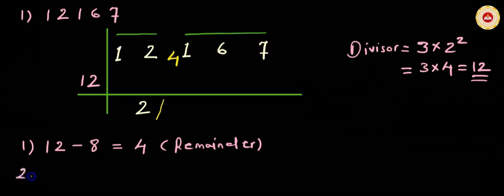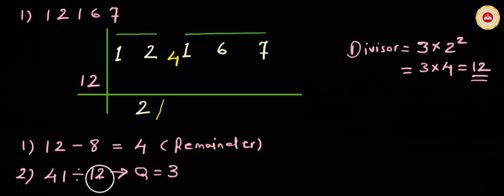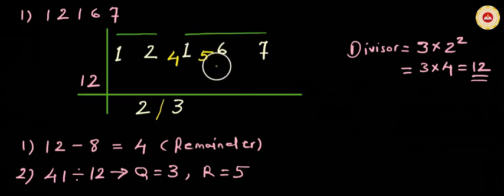The second step is 41 divided by divisor 12, which gives us quotient 3. 12 3s are 36. 41 minus 36 gives remainder 5. Write quotient 3 below 41 and write remainder 5 as a prefix to the next digit of the given number. Now this is 56, which is our next gross dividend.